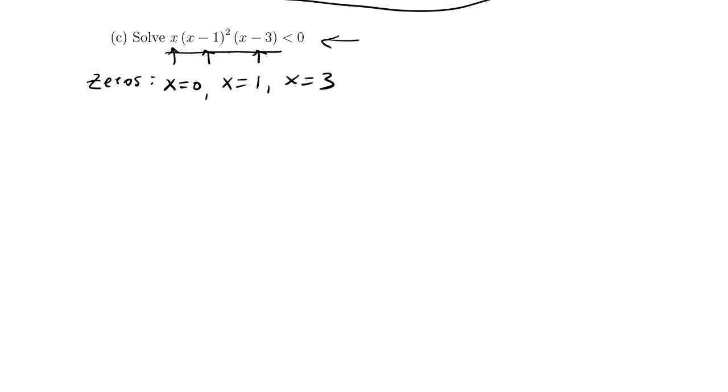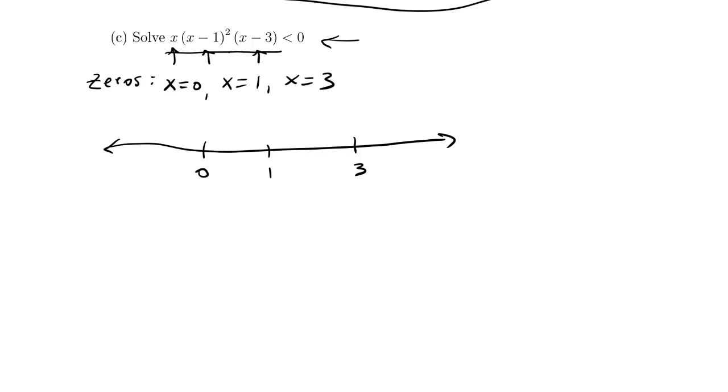But now, since it's the inequality, I'm going to go ahead and make my number line. Let's imagine that's a straight line. And I'm going to put 0, 1, and 3 in there. Again, it doesn't matter if it's spaced entirely correctly. We're just trying to get an idea of where these numbers are.